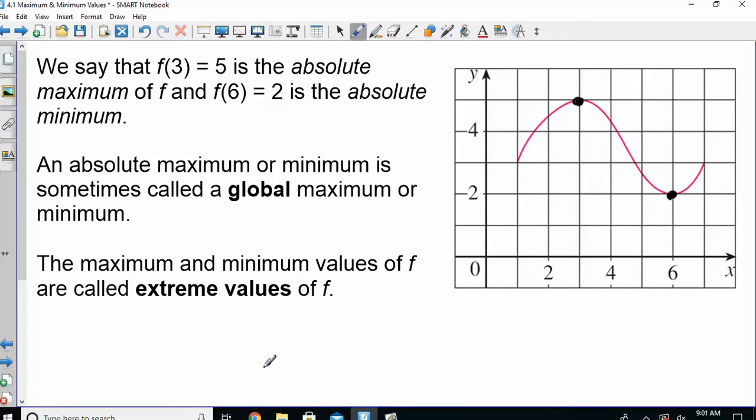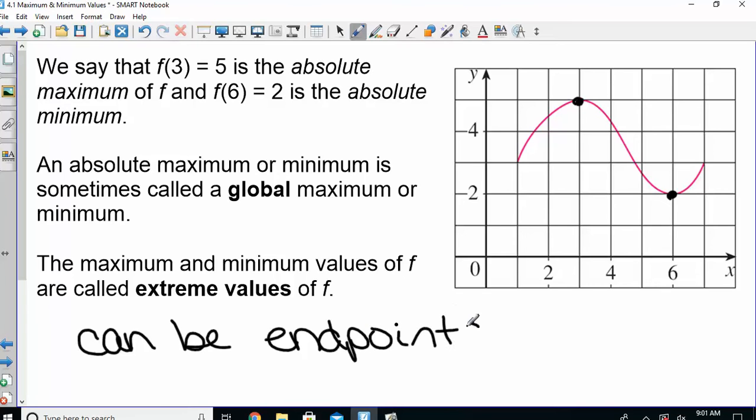If I ask you to find extreme values, I'm talking about maxes or mins. The big thing on these is they can be endpoints. And when I talk about local maxes and mins, they cannot.